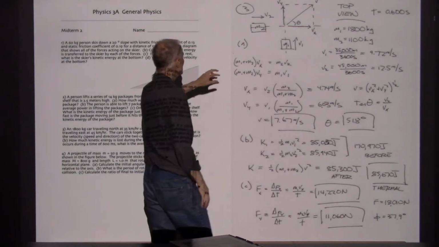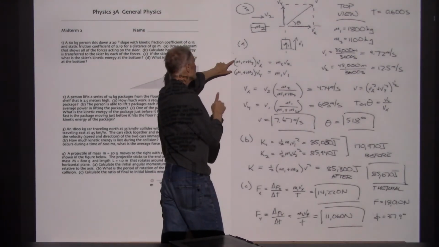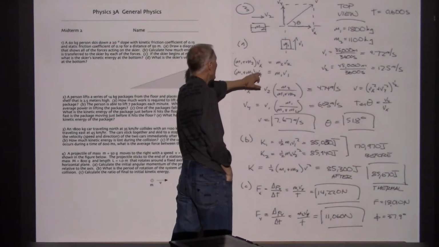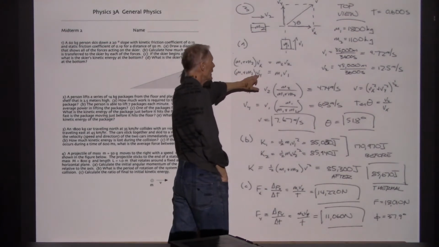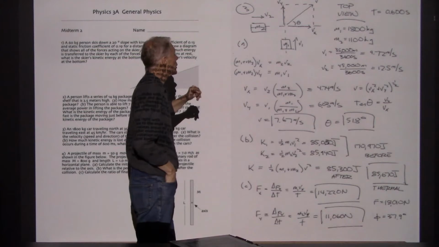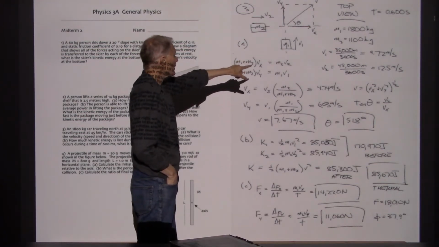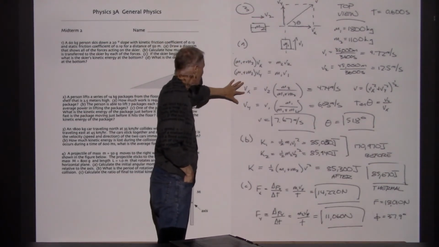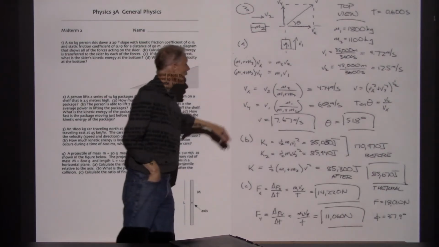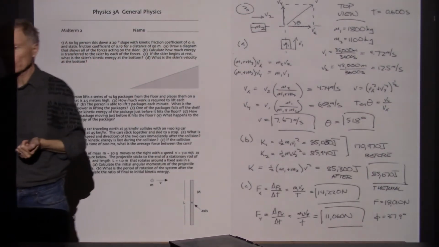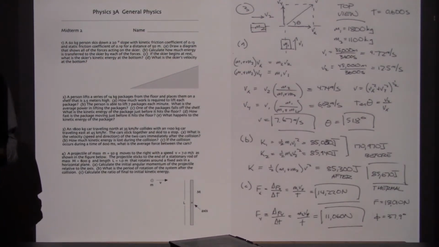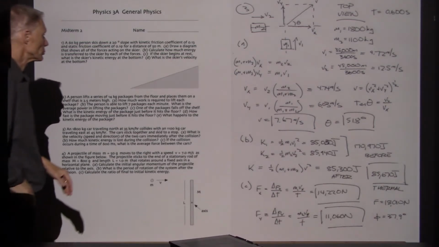Then after the collision, they're one combined object with components of velocity in the x and the y. So we can go through and solve this. We have the m1 and m2, the v1 and the v2. I can solve for vx, I can solve for vy. I'm using momentum conservation to determine what the components of velocity will be immediately after the collision.